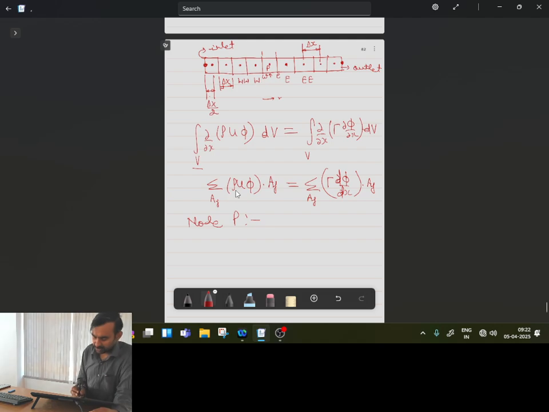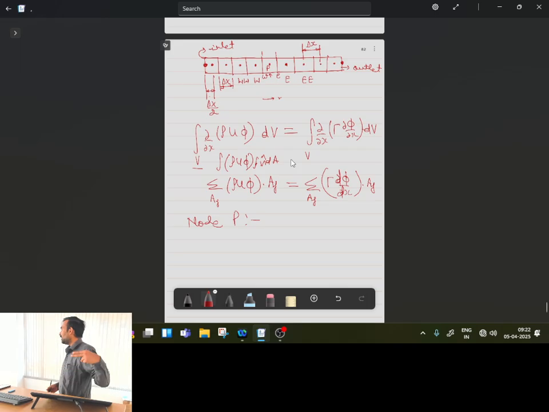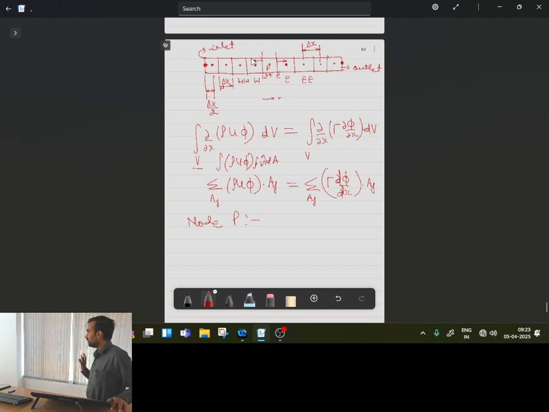So the summation of this rho u phi, ultimately in integral form, was rho u phi dot n cap dA, where n cap is the normal vector to the area pointing in the outward direction. So it means I have to consider, for east, the outward direction will be this, and for west the outward direction will be this. Is this one clear?